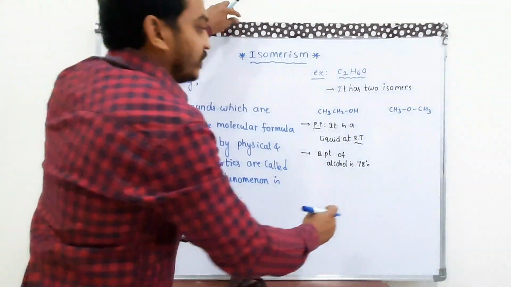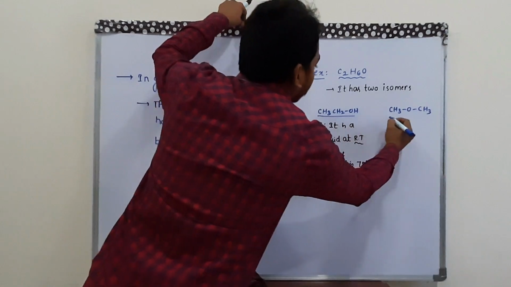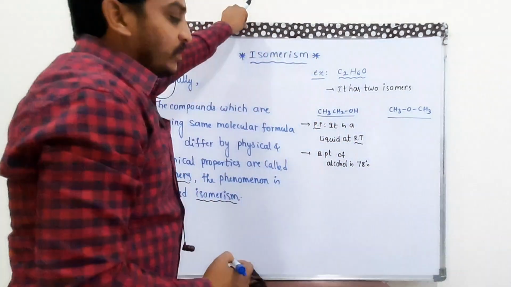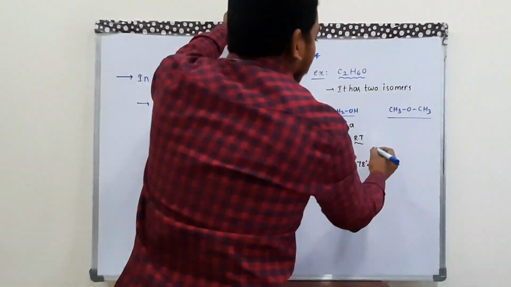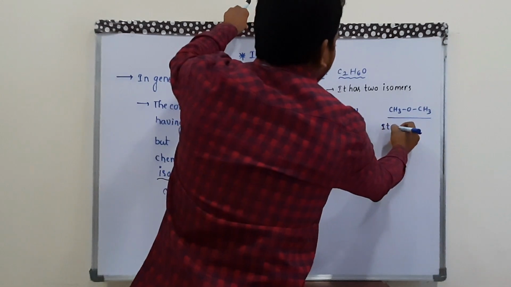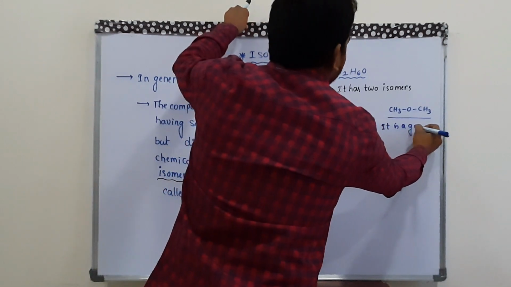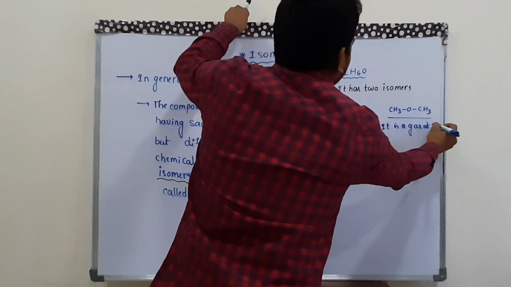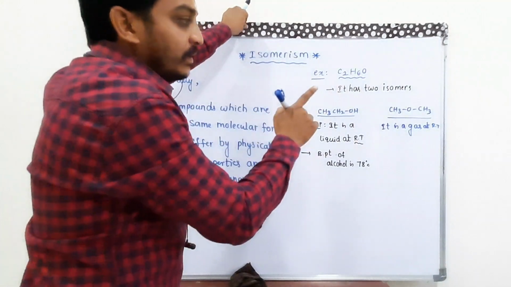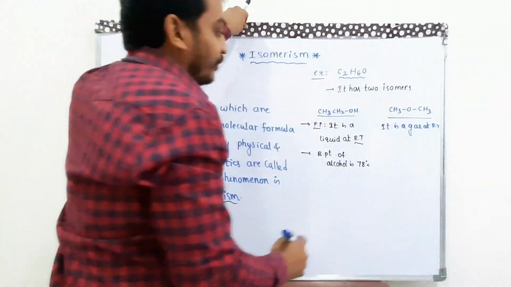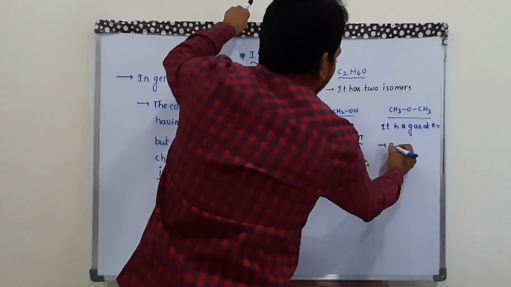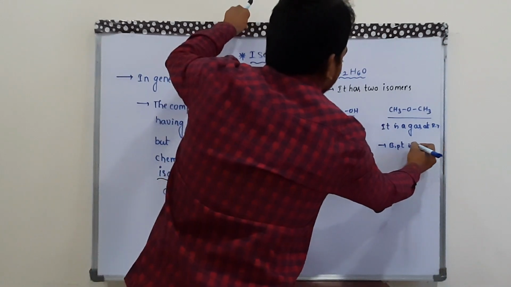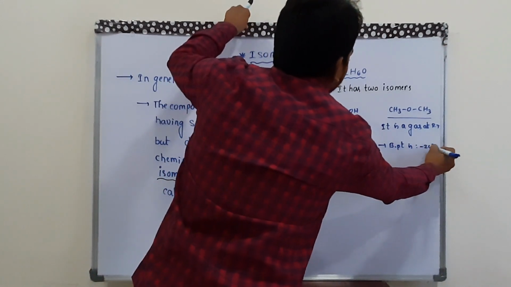Then if you observe the second compound, the ether, the physical properties are also different. It is a gas at room temperature. The boiling point is minus 24 degrees centigrade.